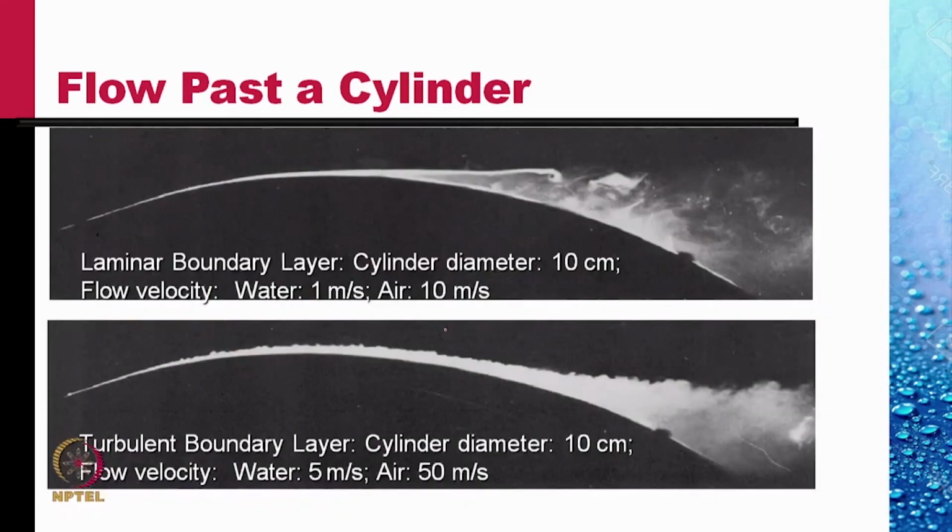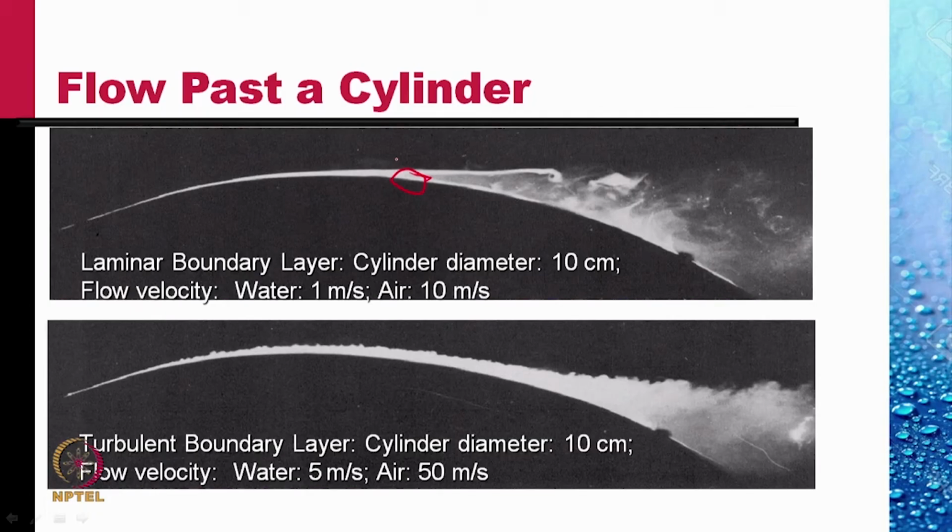At a still higher Reynolds number, that is, when the velocity in water is 1 meter per second, you see a layer that travels around the cylindrical surface in the top picture, and it separates from the top surface at a point nearly here.